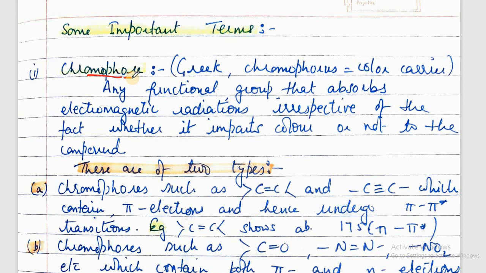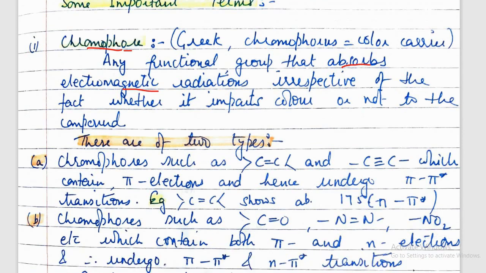Previously it was said that if a compound imparts color, then it is called a chromophore. But now it has changed. Now any functional group that absorbs electromagnetic radiation, whether it imparts color or not, is a chromophore.